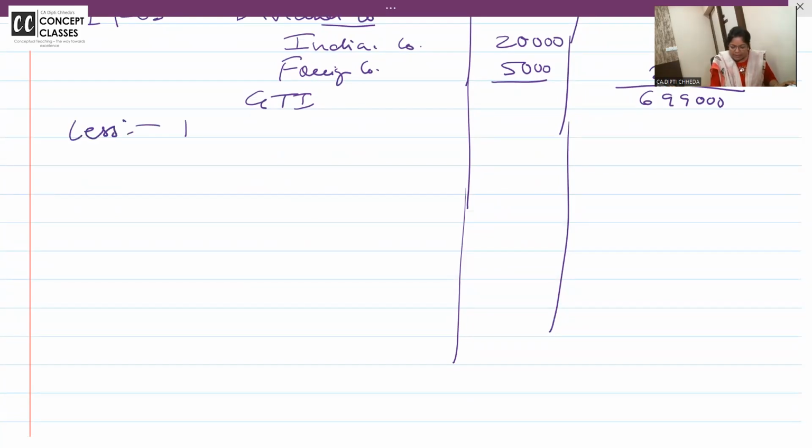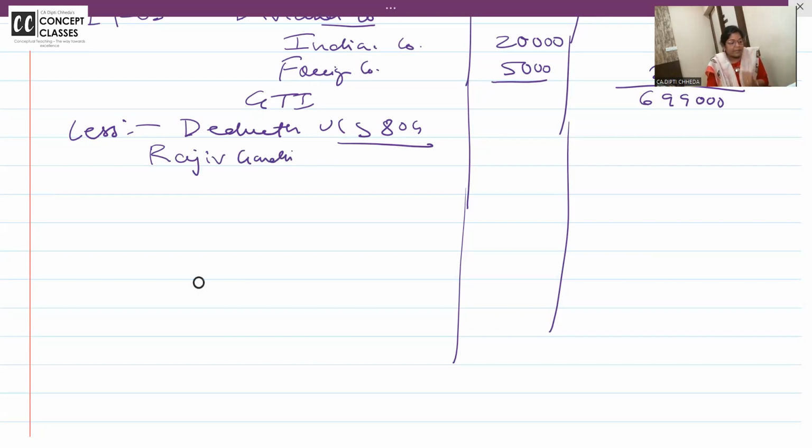Less deduction under section 80G for donation. So Rajiv Gandhi Foundation, whatever you have donated, how much is donated? 50,000. 50% of that is allowed, 25,000.